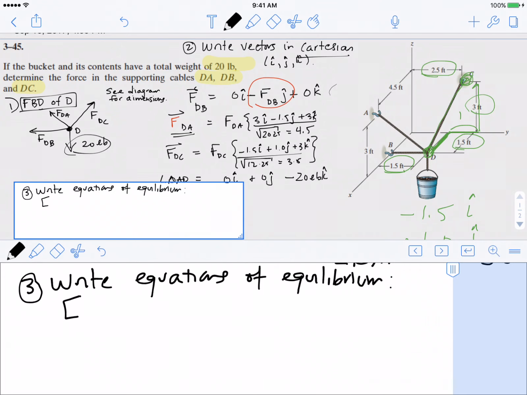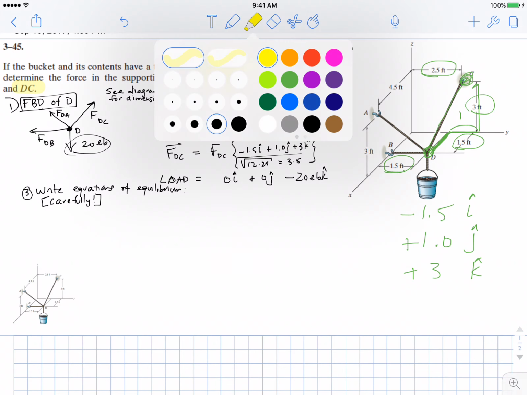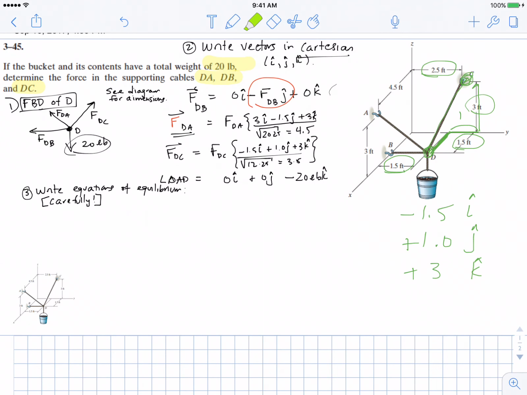And I'm going to add carefully. Be careful with those vectors as well. Just be careful all along these problems. All right, so big picture, let's look back at what we've already done. And I'm going to use a pale green highlighter to help us think about these forces.